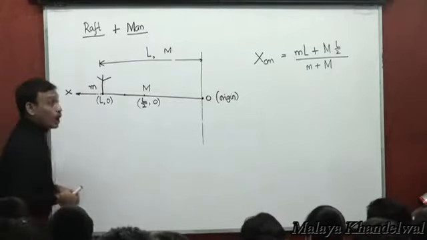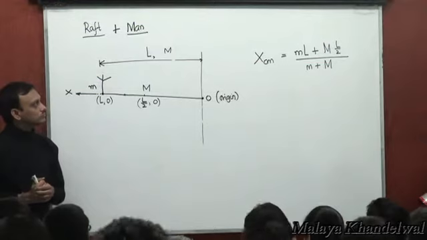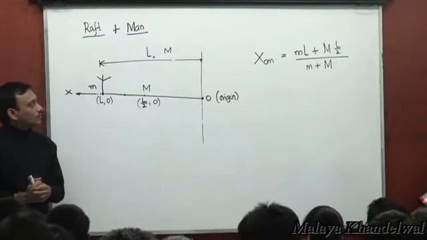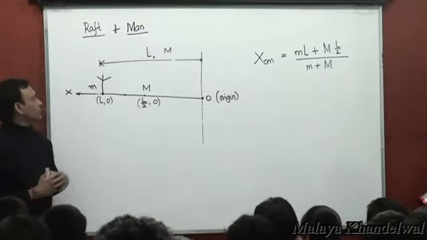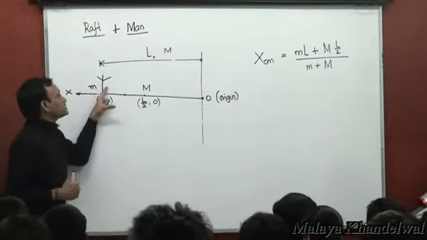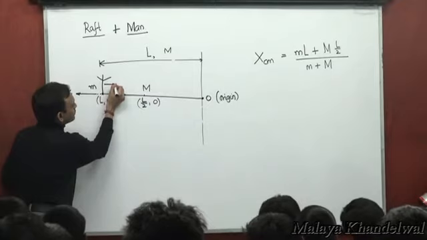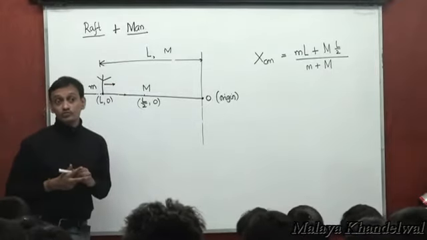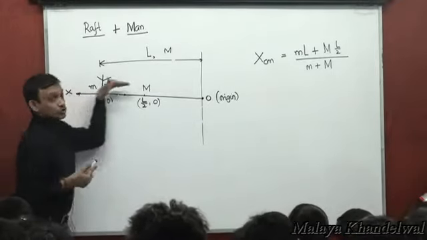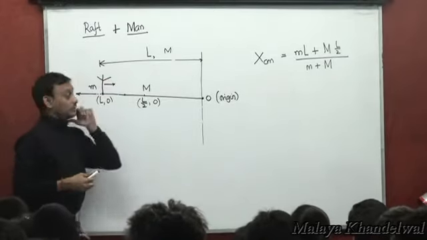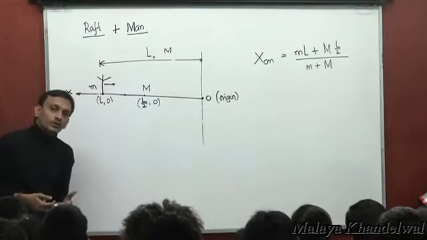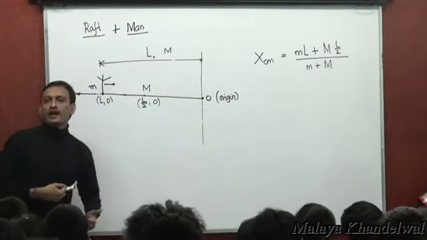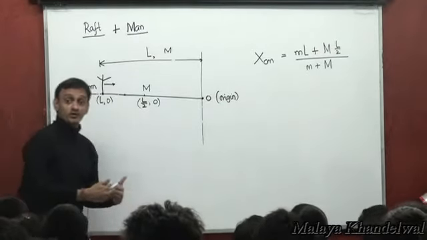Now, if the man attempts to move in this direction on the raft, then of course he does exert a force on the raft. He can walk on the raft because of friction.